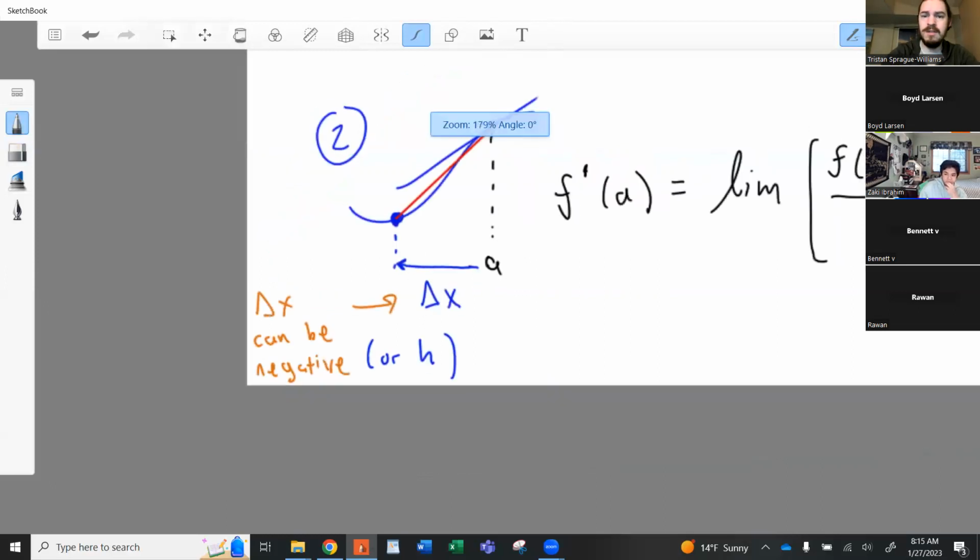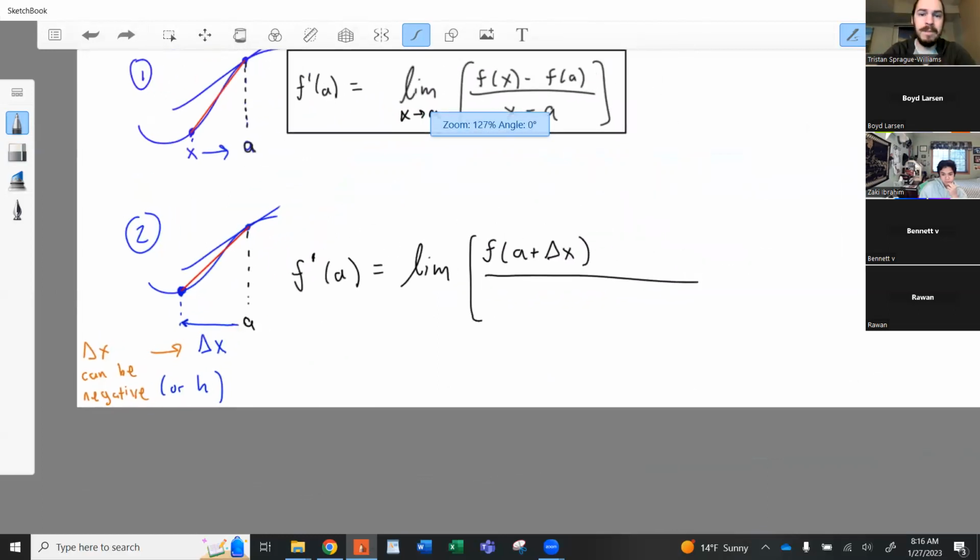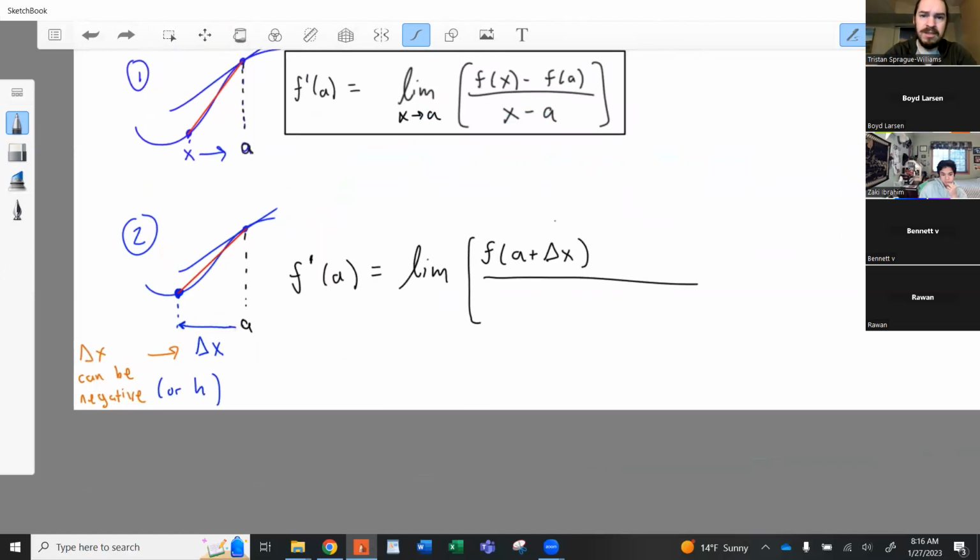Does that make sense? So what we write here is a plus delta x. We don't have to write minus because if delta x is negative, it'll be minus. Okay. So that takes the place of f of x, and then we subtract f of a.